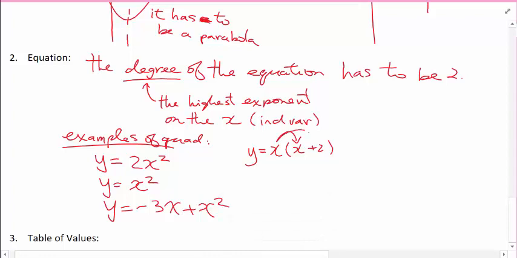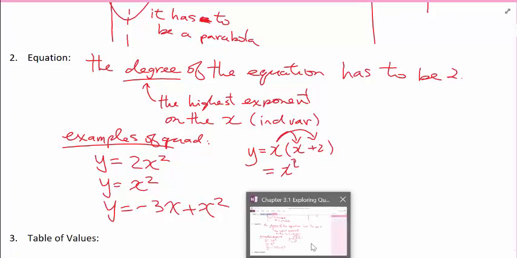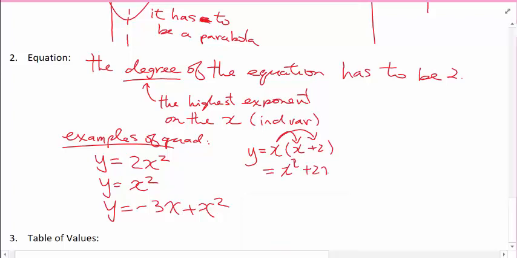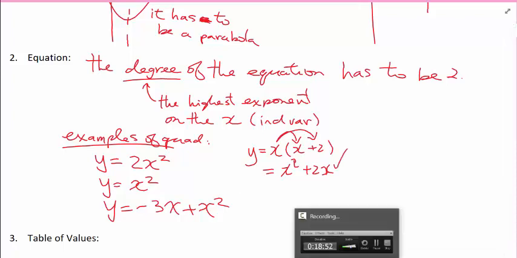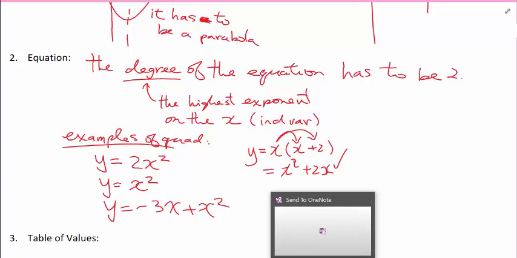X times x gives you what? X squared. Now we have x squared, so it must be quadratic, plus 2x. It's a little bit tricky because it doesn't look quadratic, there's no exponent of 2, but if you actually expand it out, you would get x squared.